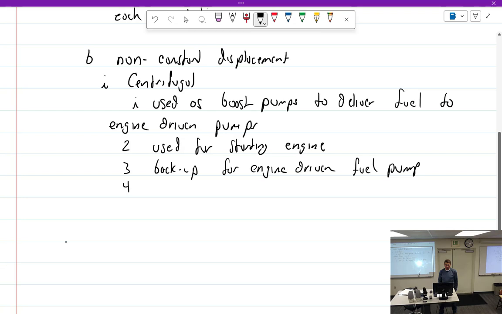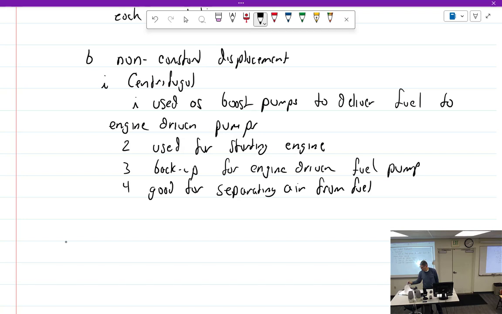They are good for separating air from fuel. Because you'll see in a few weeks, we actually have a system that is putting bubbles and stuff back in the fuel. So you want to get rid of that. And they are not constant displacement. We already said that. What else?